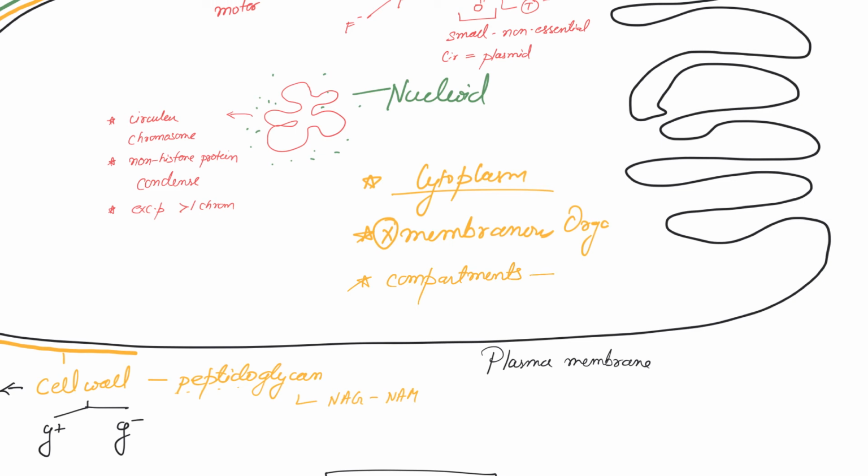Some compartments do exist. Generally, they are made up of proteins. Sometimes they might be even of other substances, but generally they are made up of proteins, and they may carry different types of reactions. So sometimes they are equipped with detecting the magnetic field, and sometimes they metabolize ammonia. So all those exceptional structures do exist.